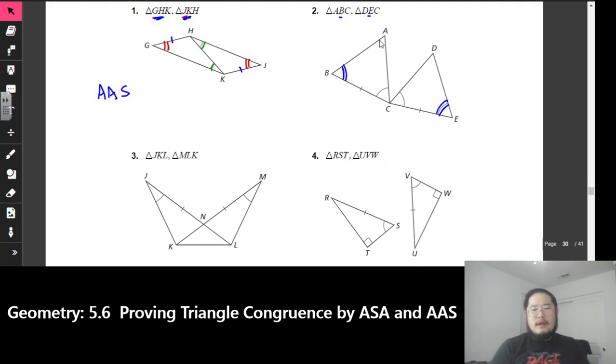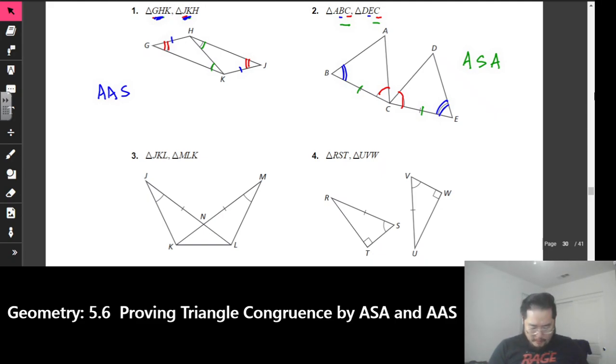Angle C and angle C right here, well, they're both congruent in each, makes sense. And then we have BC and EC are congruent, and yes, they are. So this one, we have angle, side, angle to prove that these two triangles, ABC and DEC, are congruent.